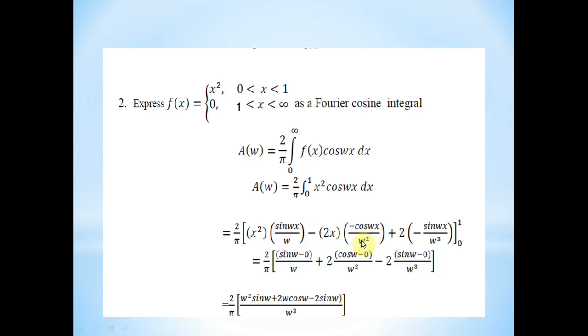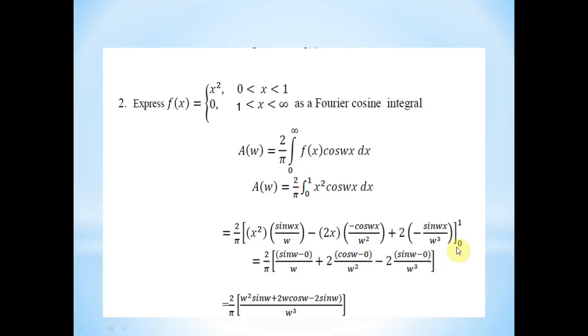After the negative sign, the alternate sign is plus. Now 2x is the first function and minus cos omega x by omega square is the second function. So plus derivative of 2x, which is 2, into integral of this term, which is minus sine omega x by omega cube, within the limits 0 to 1.